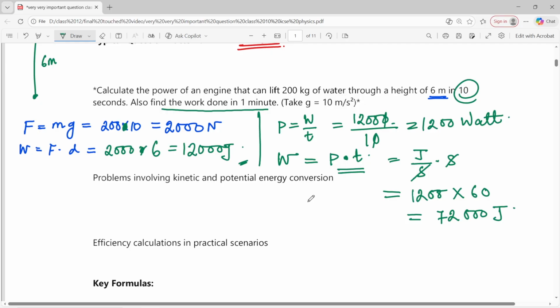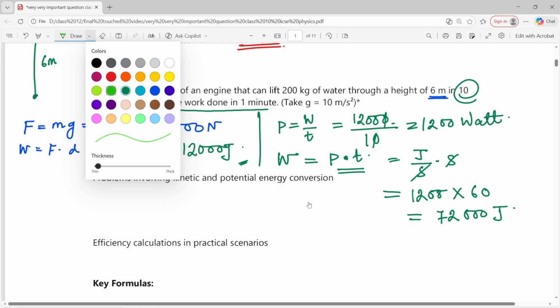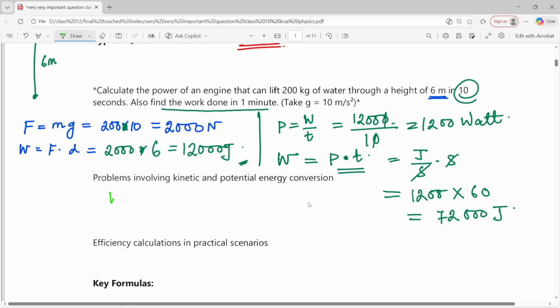That's very easy, and if you solve it 2 or 3 times, you get it. Work energy theorem: work done equals kinetic energy final minus kinetic energy initial. The derivation is very important in the 2026 exam.